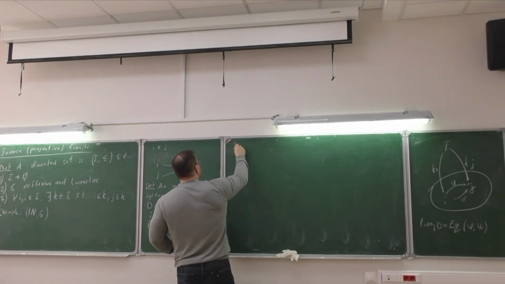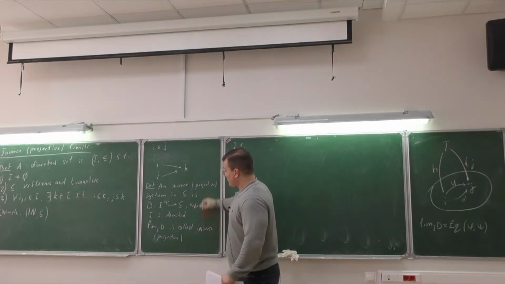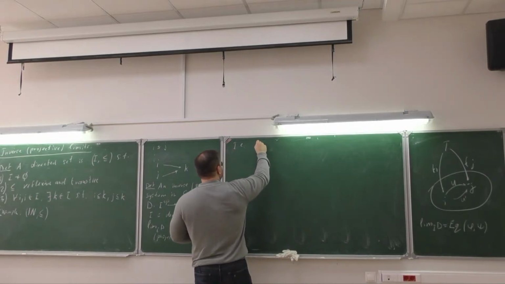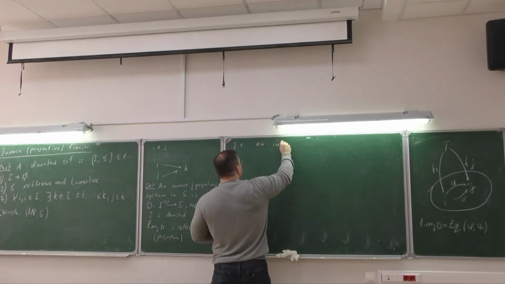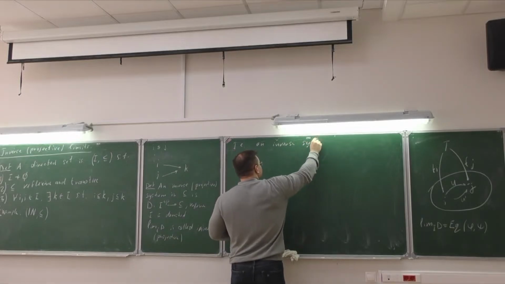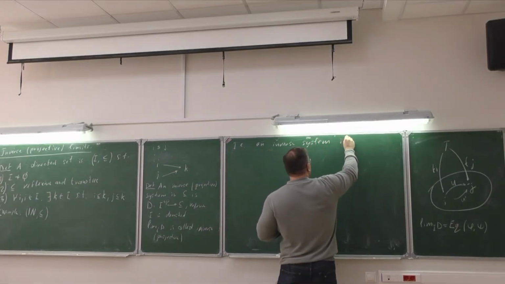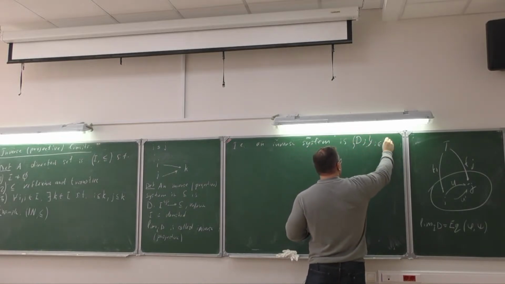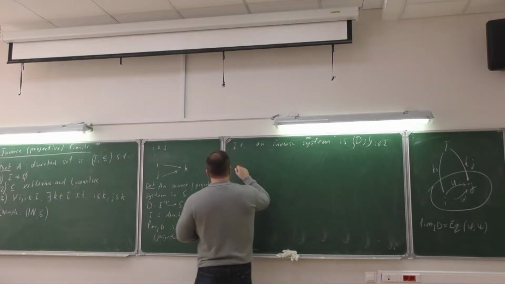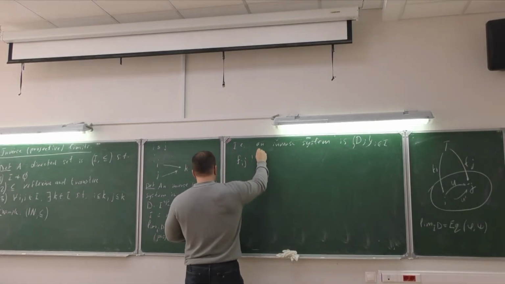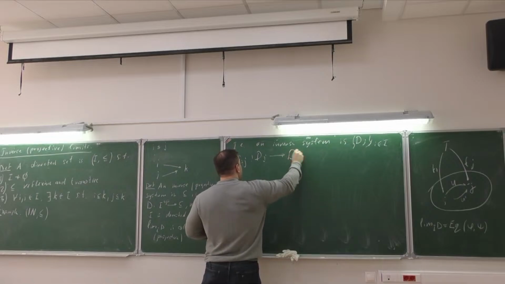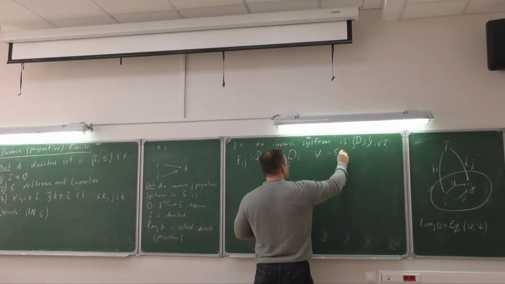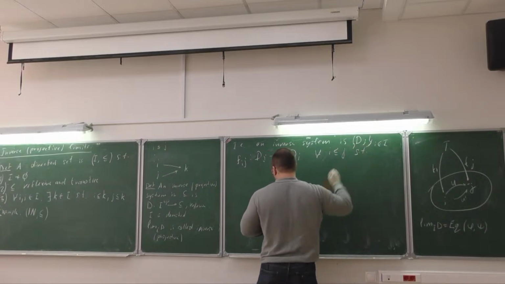So this is part of a general theory, but you can do this directly. You can say the following. An inverse system is just a bunch of objects D_i parameterized by some directed set I, and the maps F_ij from D_j to D_i for any i less or equal than j, such that we have two conditions.